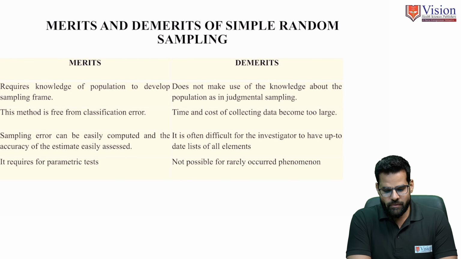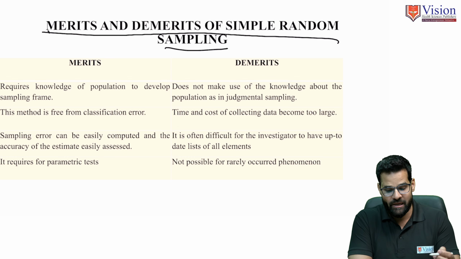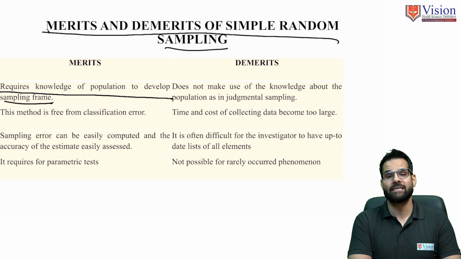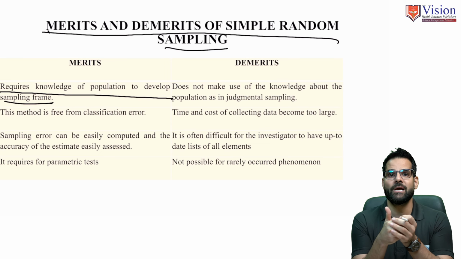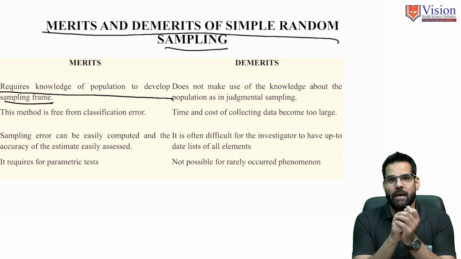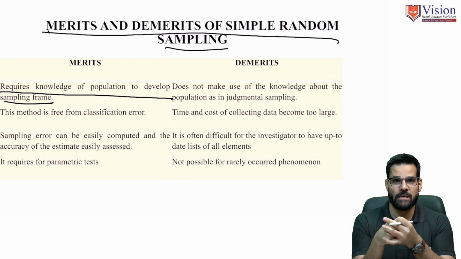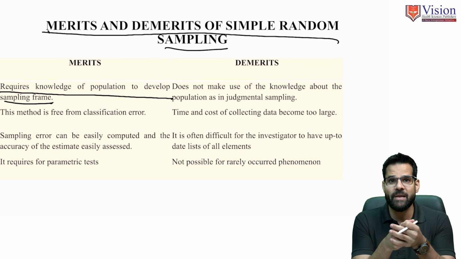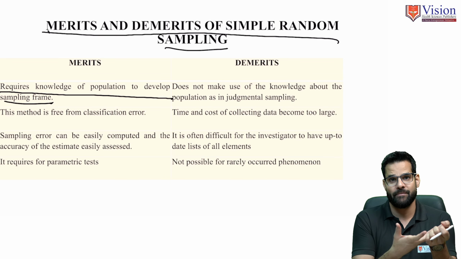Now, if you talk about the merits and demerits of simple random sampling, quickly, it requires knowledge of the population to develop the sampling frame. That's a very, very important point. Sampling frame means listing all the people. And I would like to tell you here that there is considerable confusion about random sampling versus choosing somebody who is accidentally available.